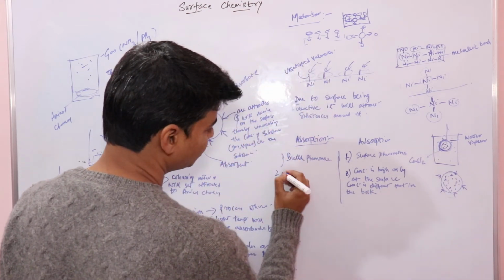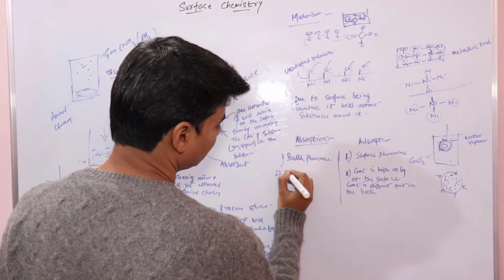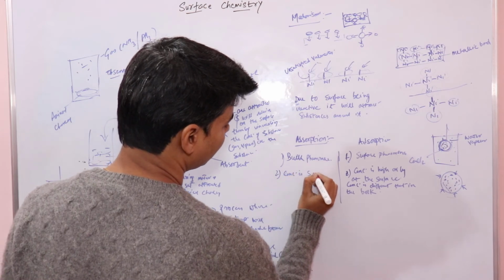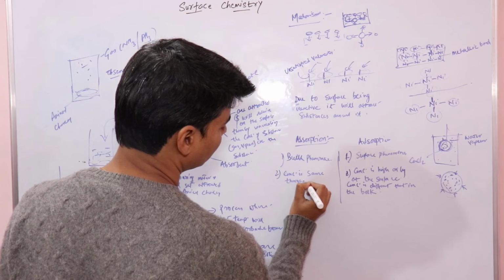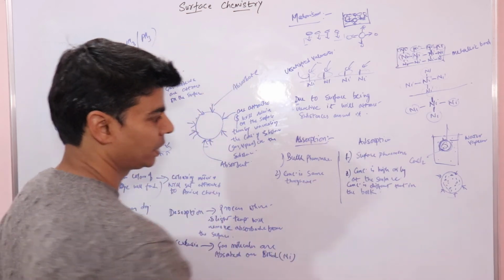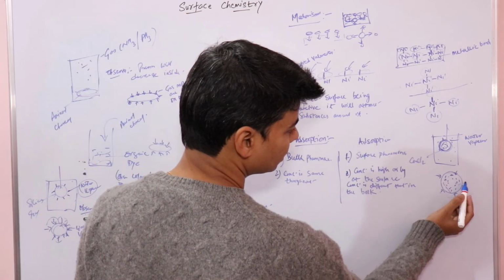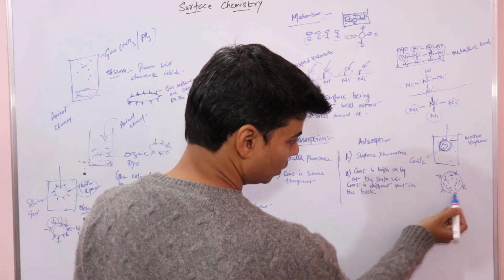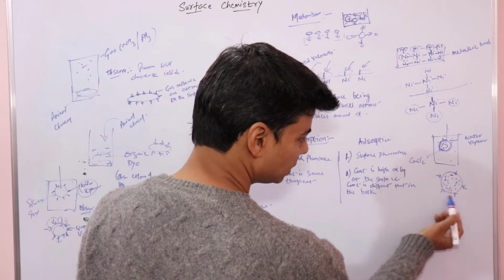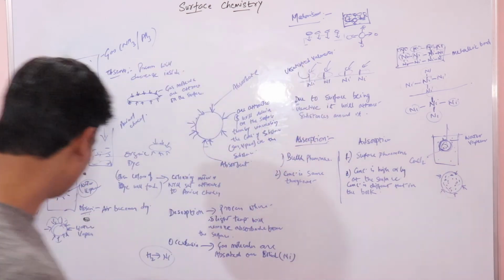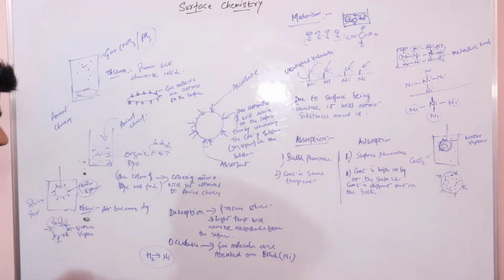Whereas in case of absorption, concentration is the same throughout. Concentration is the same throughout, right? Here in this case, since the water vapor will move inside the bulk of this solid, concentration is the same throughout, right? Here concentration is high only at the surface.